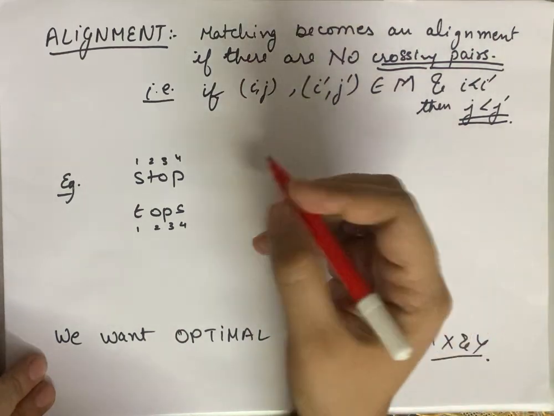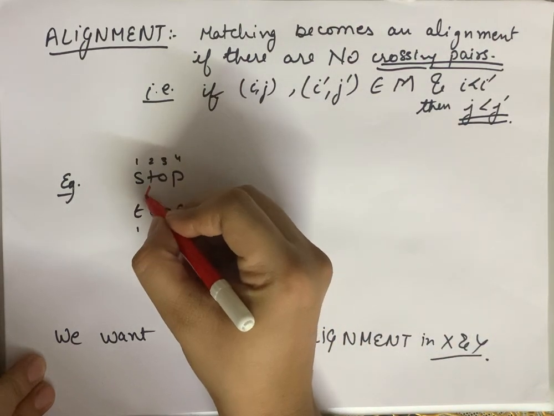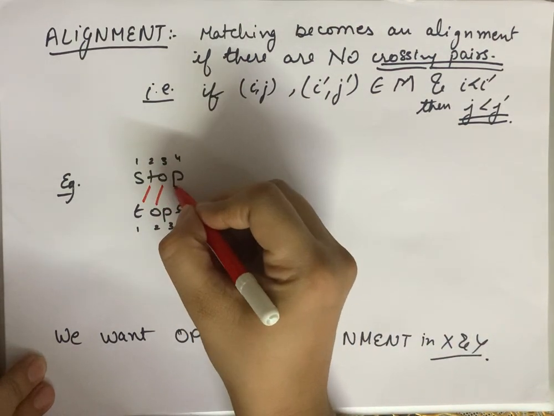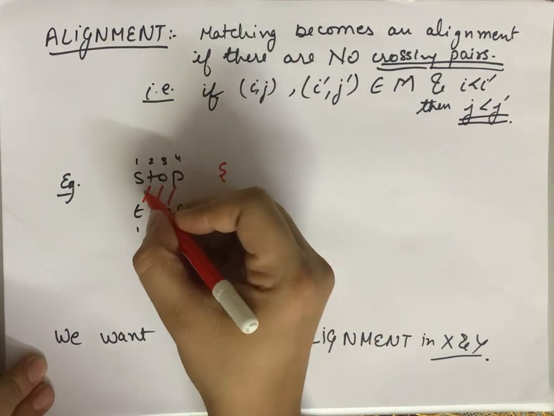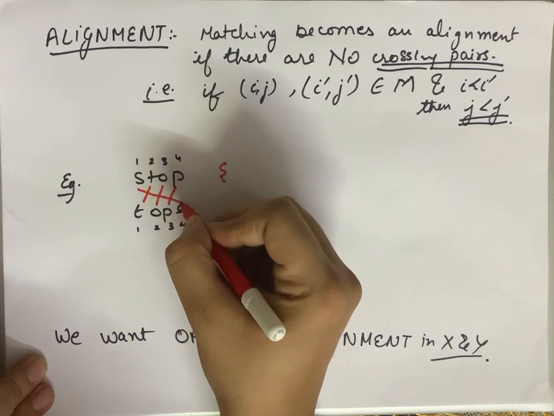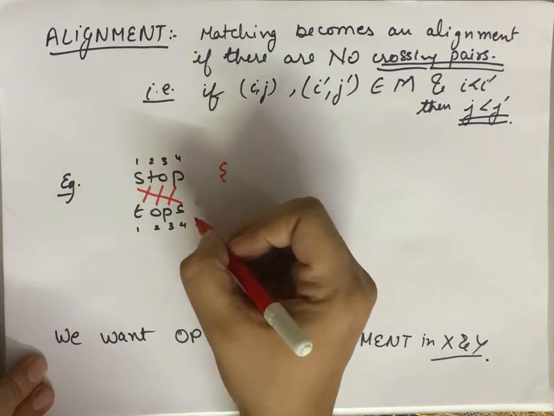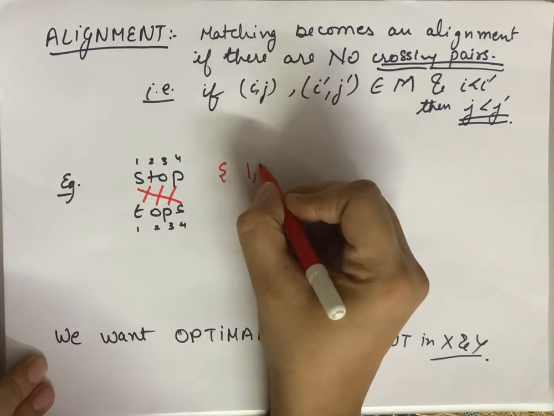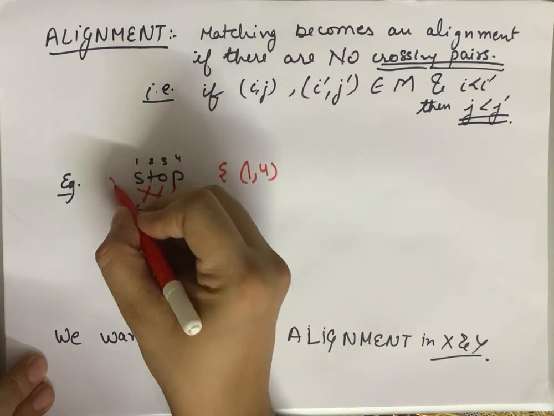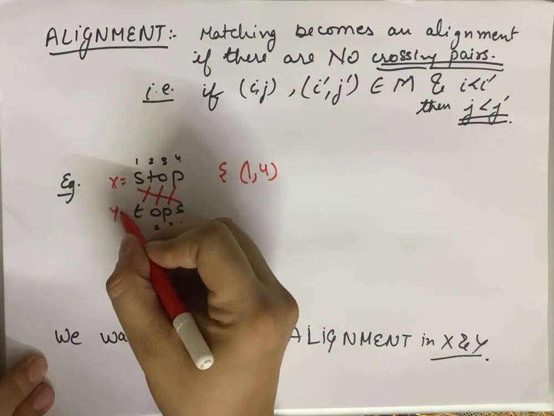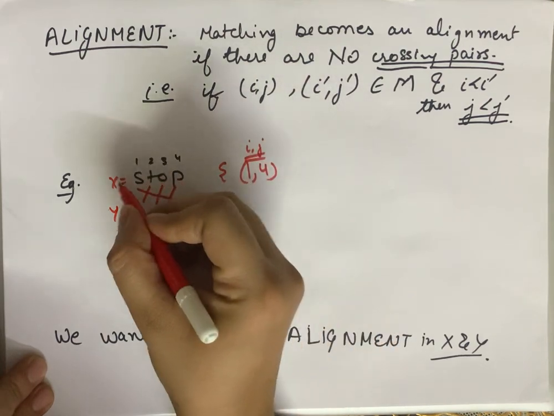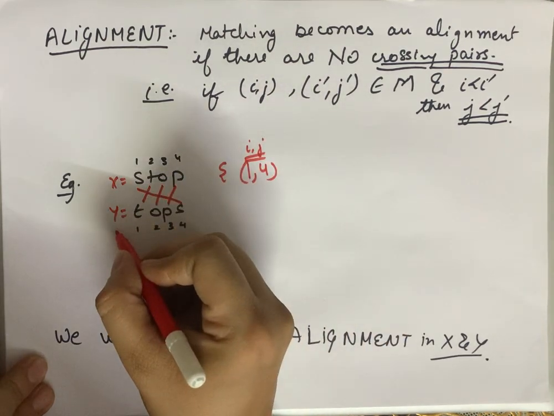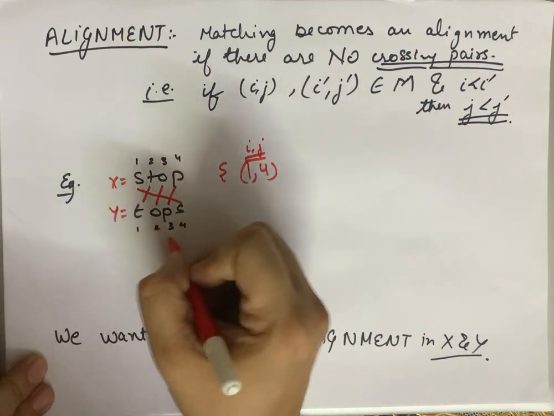So if I am trying to find a match, say T to T is a match, O to O, P to P is a match. So one pair which I have got over here is, even S to S is a match. So one pair I am getting is 1, 4. Where here I, J: I is representing X key position, and J is representing Y वाले element की position.